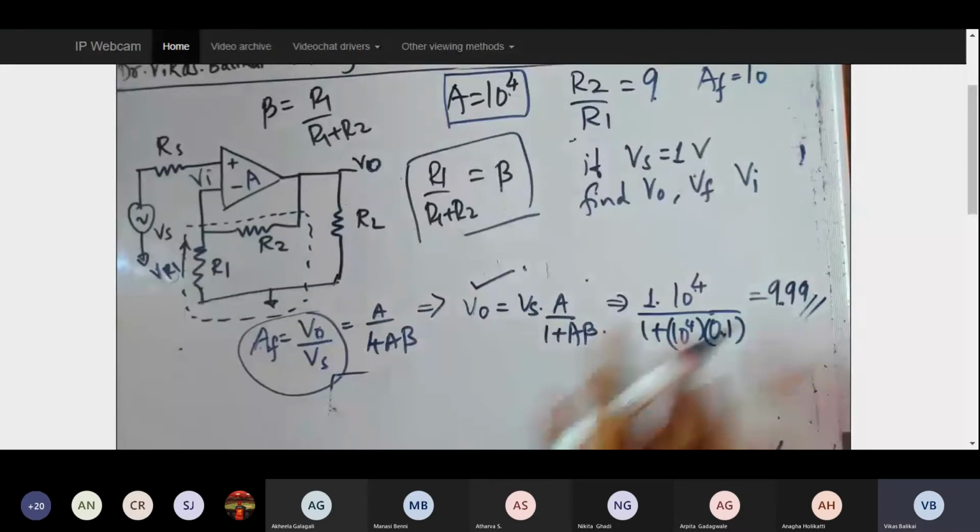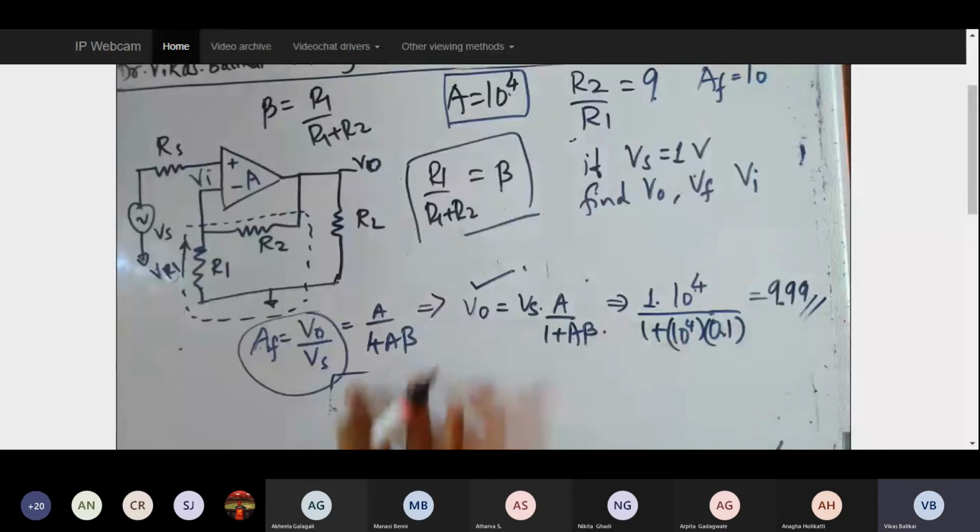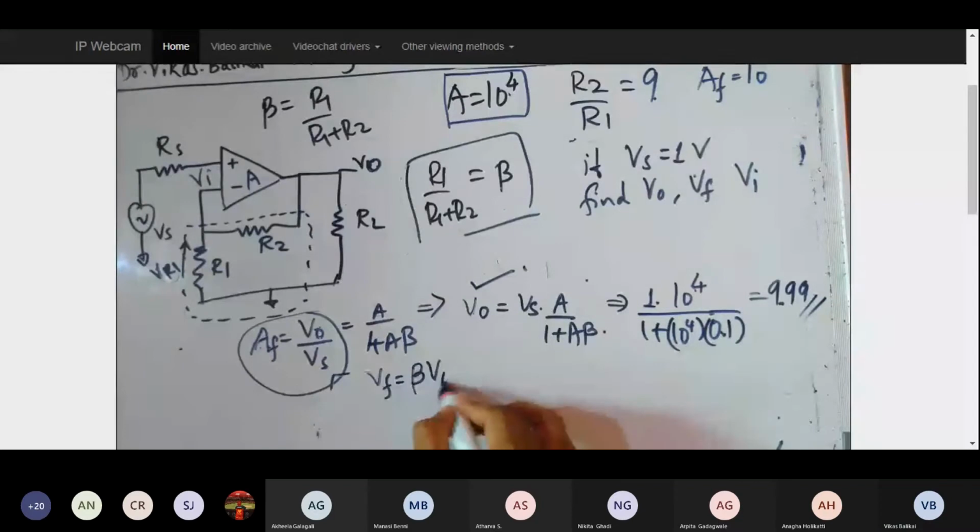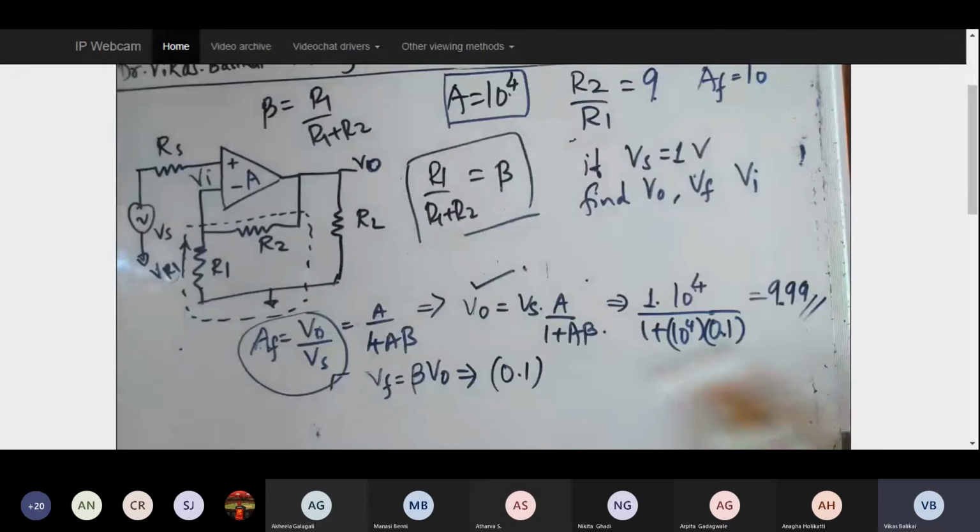Fine. So now let's try to understand what is my VF. VF is beta times V naught. Beta I already know is 0.1, and V naught I just obtained as 9.99. If I do this, what will be the answer?